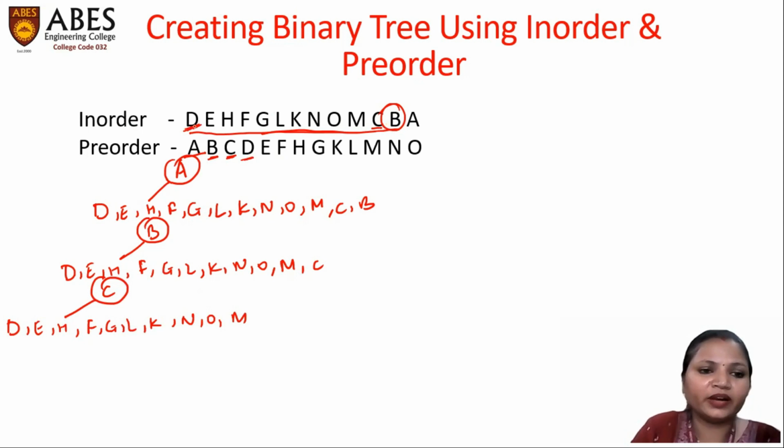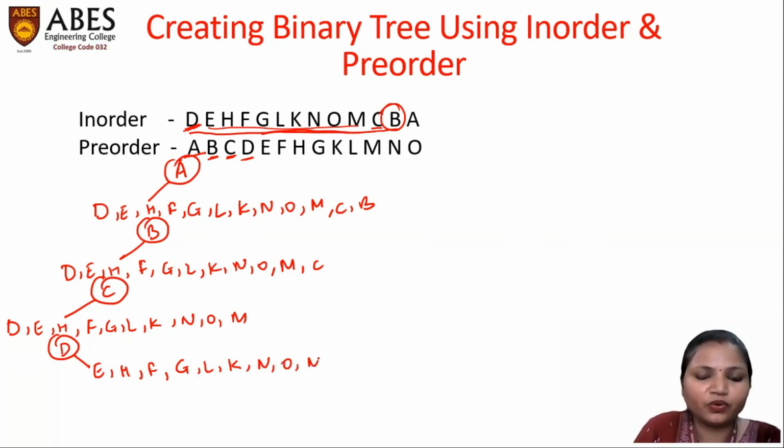Next our element is D. So here it is D. Now check. All the elements are present on the right hand side of D. There is no element present on its left hand side. So these all come in the right subtree: E, H, F, G, L, K, N, O, M. Fine.